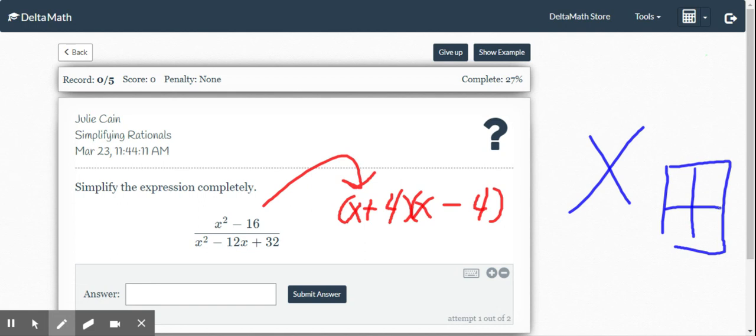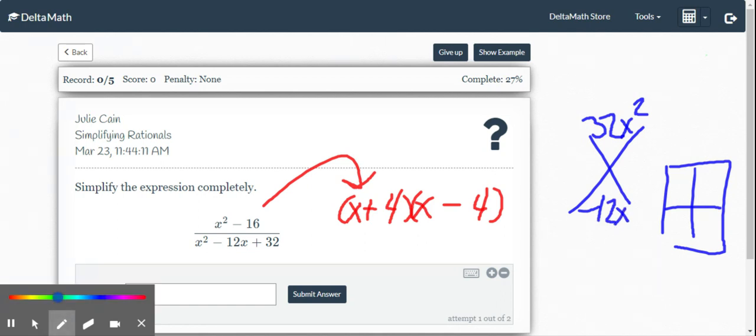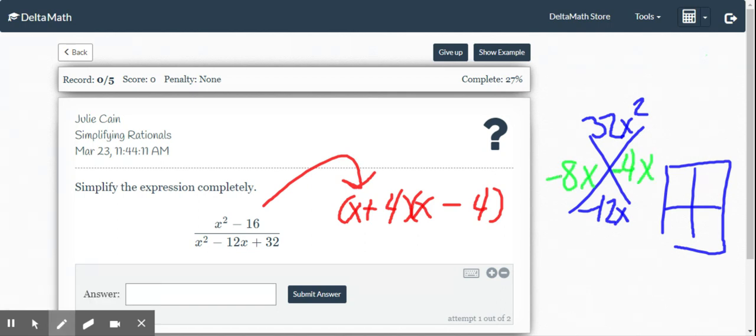Hopefully I'm leaving myself enough room. I need 32x squared, and adds to make negative 12x. And so I would need an 8 and a 4 multiplies to make 32, and I need them both to be negative in order to add to make negative 12 and still multiply to make a positive term. So now I can factor.